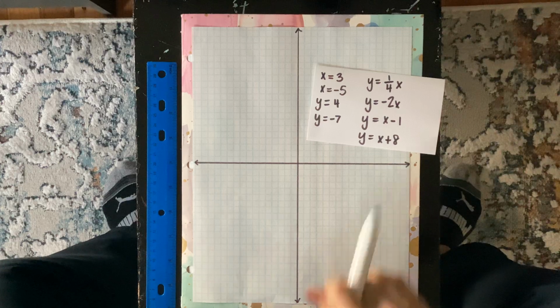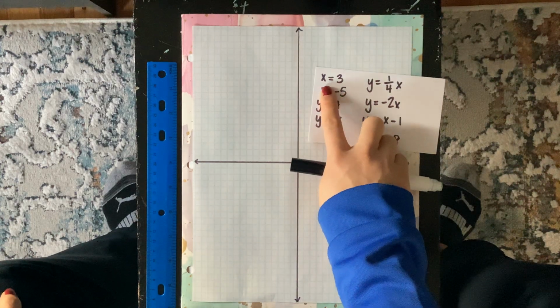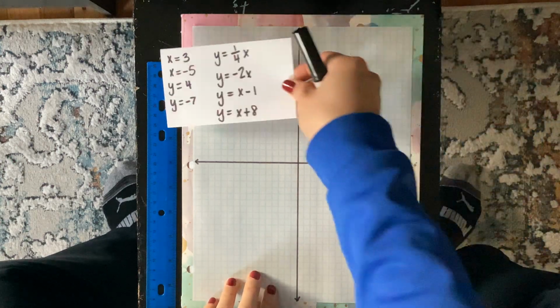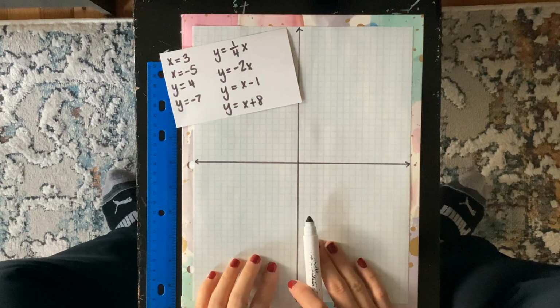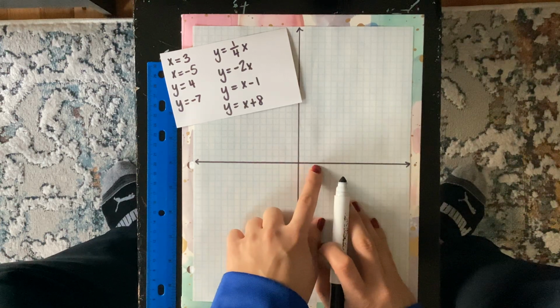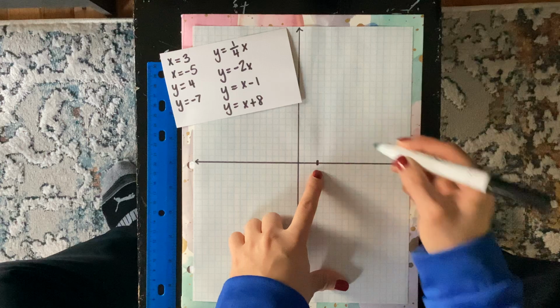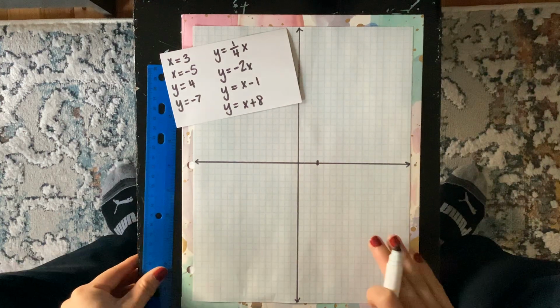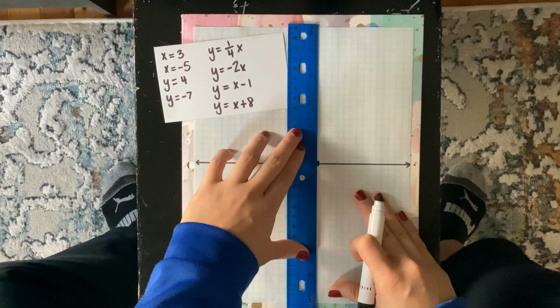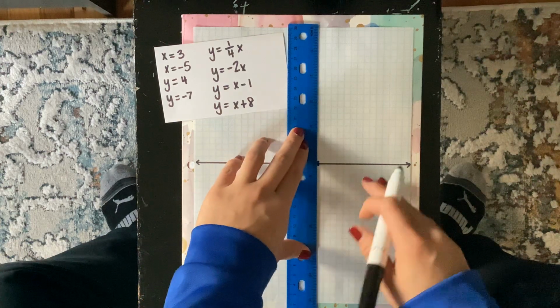Okay, my first equation that I'm plotting is x equals 3. So if we're looking at our graph here, you're gonna find where x equals 3. This is the x-axis, x equals 3 is right here, 1, 2, 3, right at this point. And if x equals 3, x is always 3. So there is no rise over run.